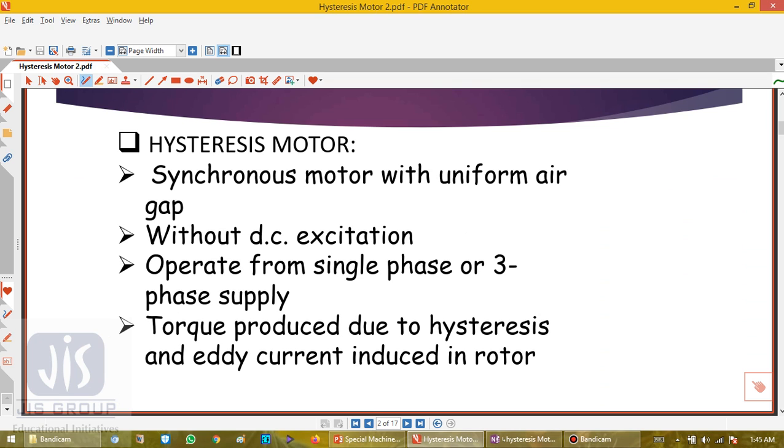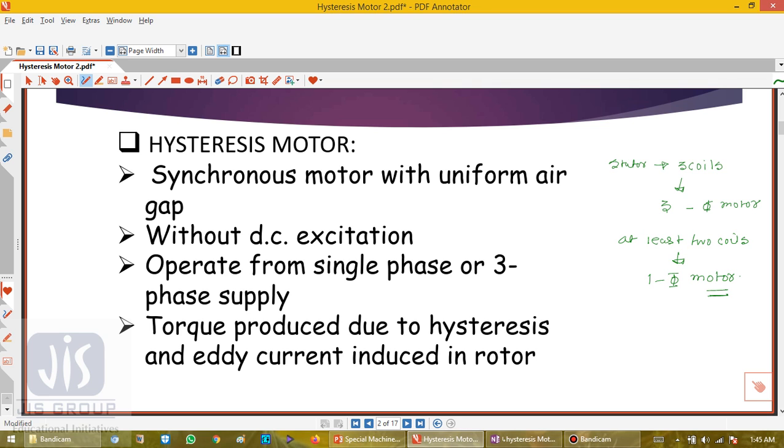That means the stator winding of such a motor can have 3 coils, as in a 3-phase motor, or at least 2 coils, such as in a single phase AC motor.